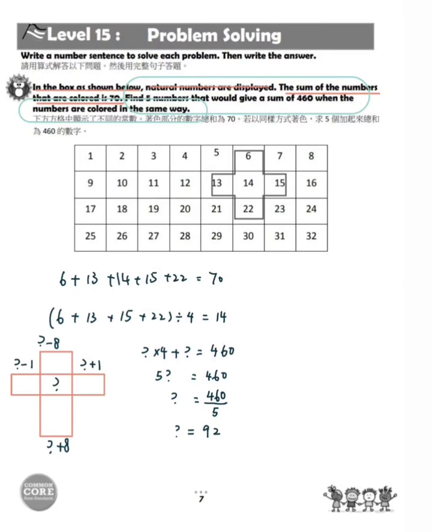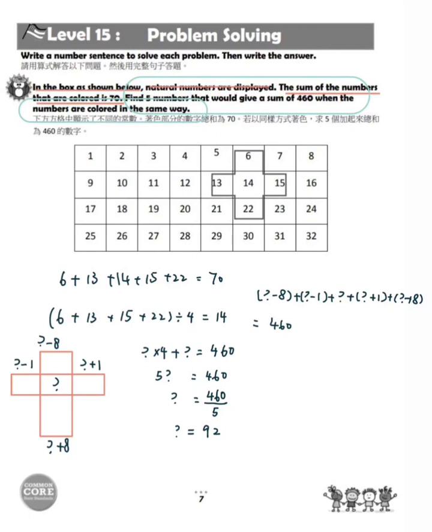And now there is another method that we can do. If we have the center number minus 8 plus the center number minus 1 plus the center number plus the center number plus 1 plus the center number plus 8 will be equal to 460.